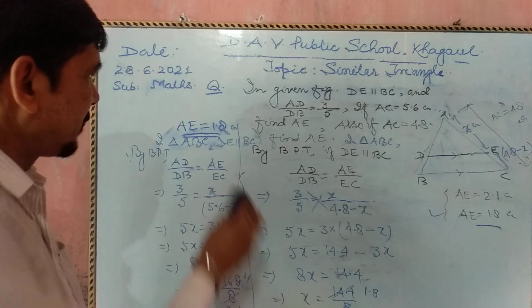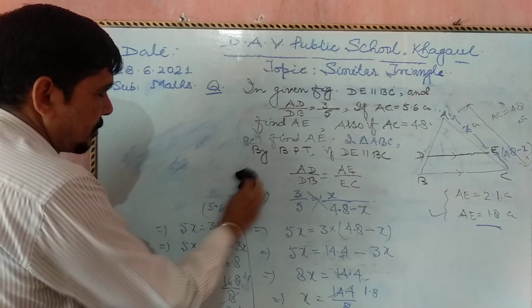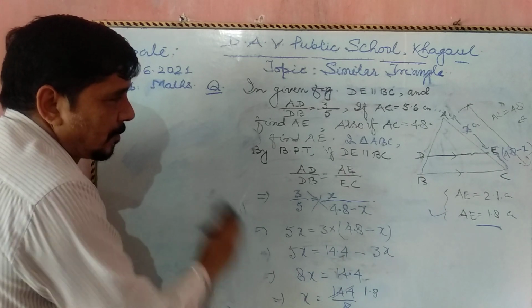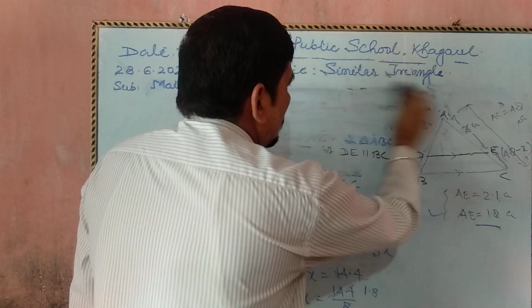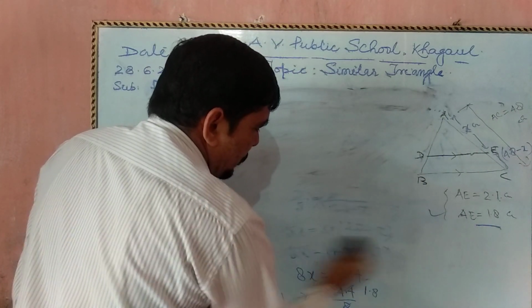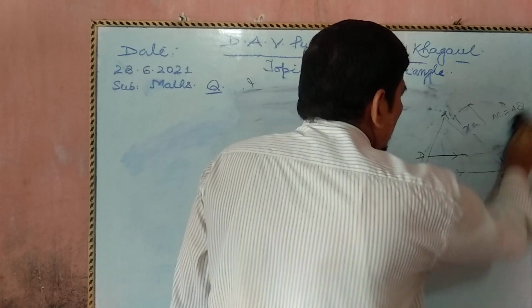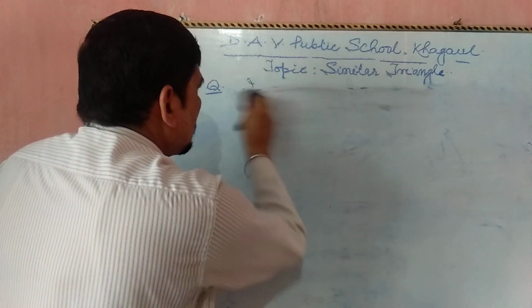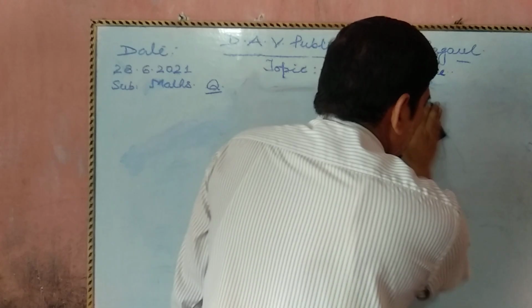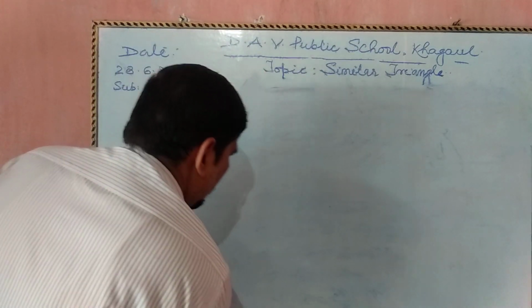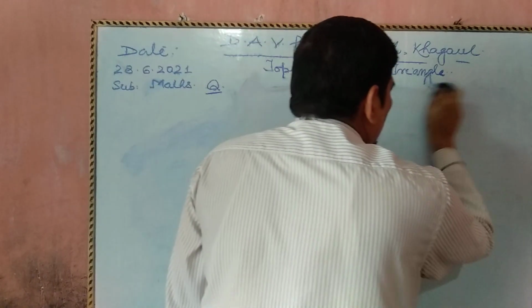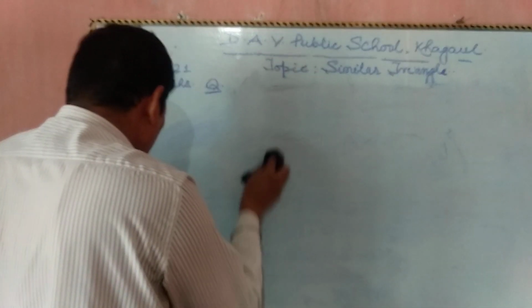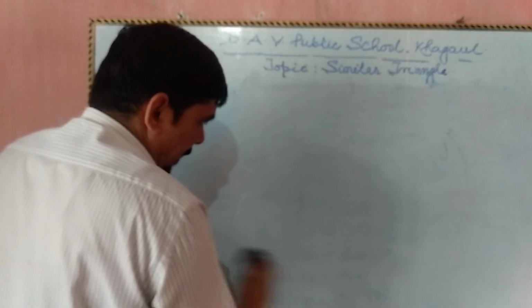Now write down the other type of question. In this type of question, many times the ratios of corresponding sides are given.